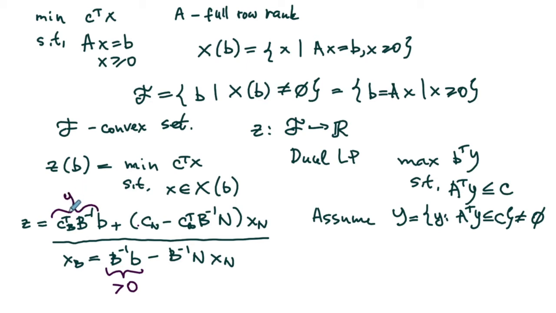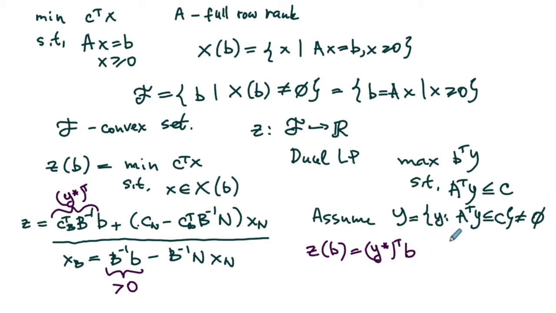So let's denote this by y star transposed. Then our Z of b is going to be given by y star transposed, so the optimal dual solution multiplied by the vector b.